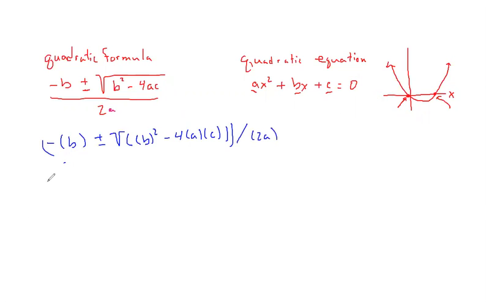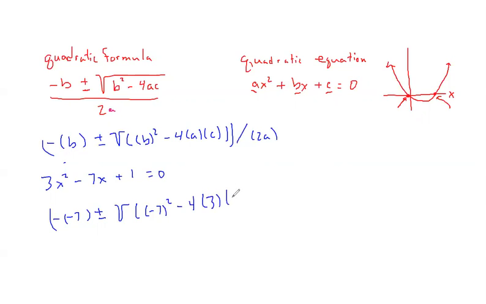Something like that. So if I had 3x squared minus 7x plus 1 equals 0, then I would go negative 7 plus or minus square root of negative 7 squared minus 4 times 3 times 1, and all of that's in.